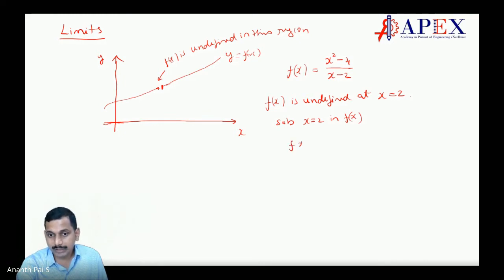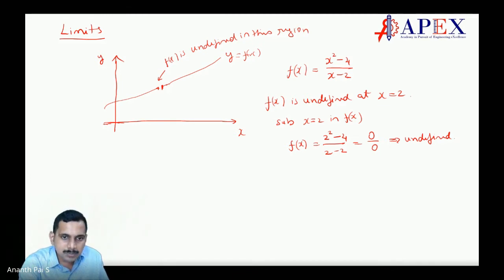You get 2 square minus 4 divided by 2 minus 2. What do you get? You get 0 by 0, which is undefined. Correct, students? You cannot divide 0 by 0, correct? So at this place, f of x is undefined.